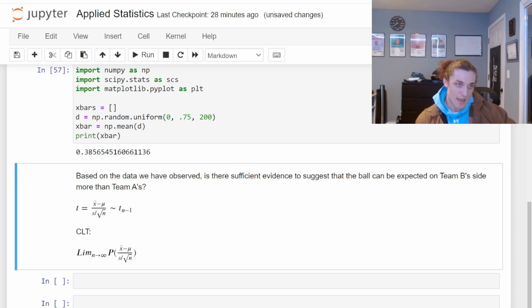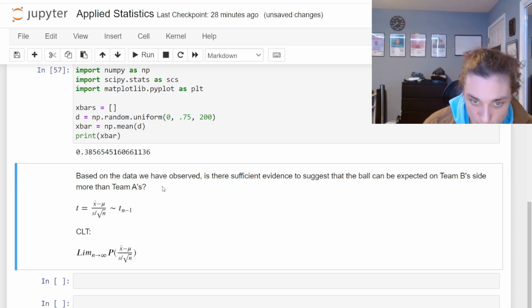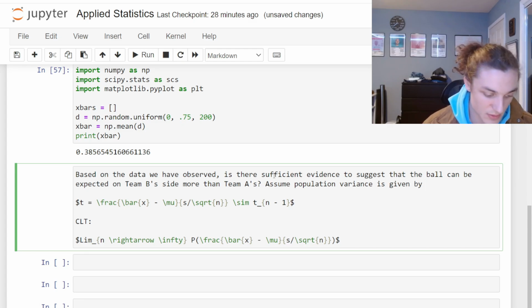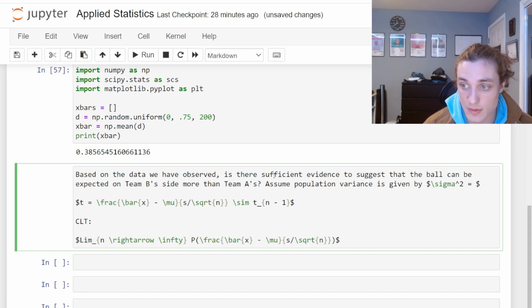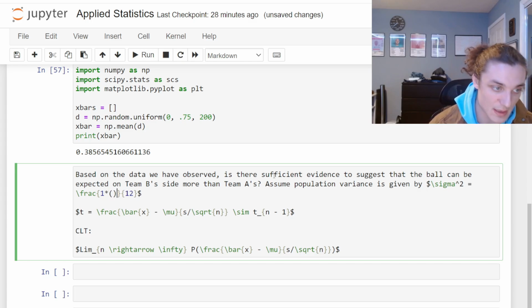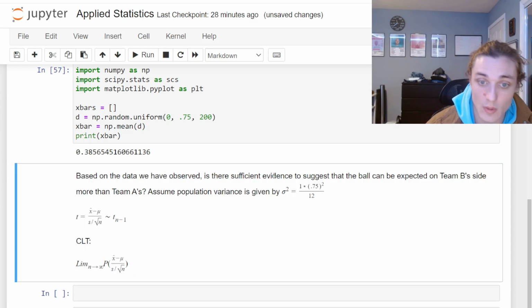So for the sake of this example, I want to assume the population variance is given, and then we can just go ahead and use the population variance. I will say sigma squared is equal to that original equation of 1 over 12 times beta minus alpha squared, so that's 0.75 squared.